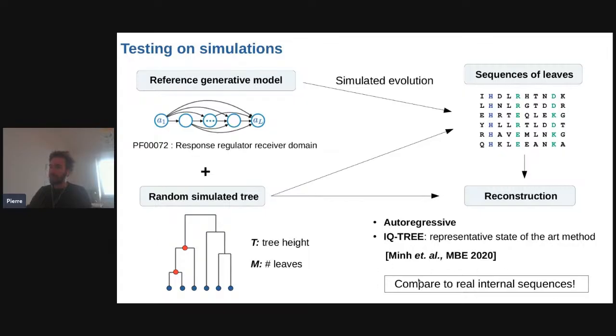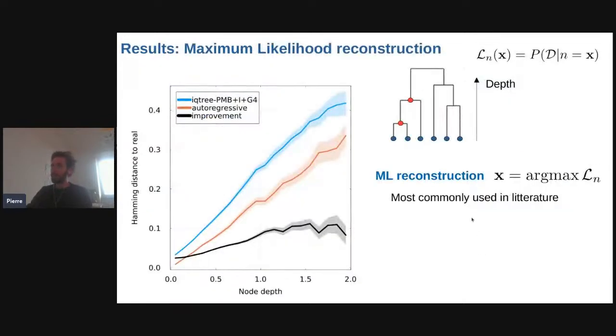Since you simulate evolution, you can compare your reconstructed sequences to the real ones that you simulated, so you know them. The plots we make are the following. On the x-axis, I have the node depth, which is how far away the internal node is from the leaves.